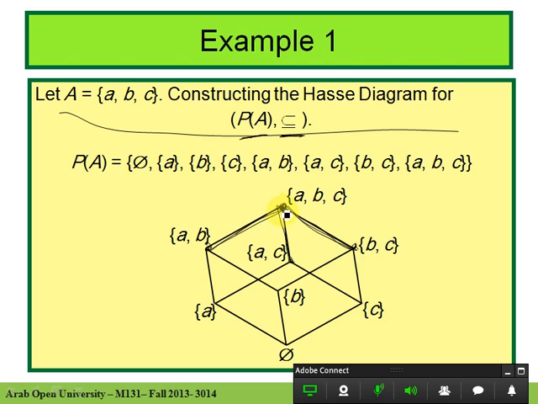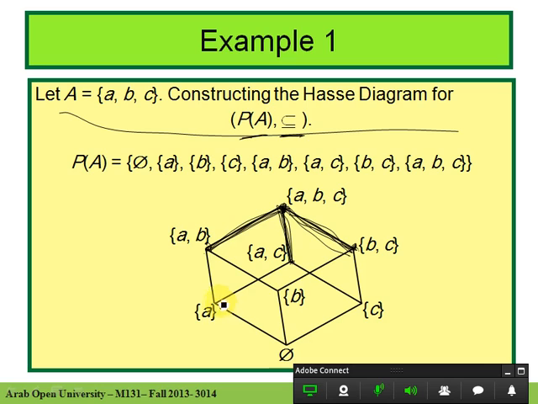Now we start from ABC. Then we have AB, AC and BC. If you want AB to BC, you go this way. If you want from here to here, you have this way. You want to connect this A from here, you have this way.